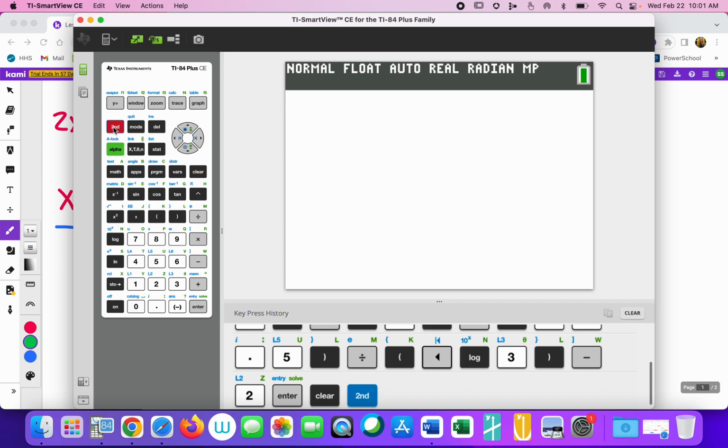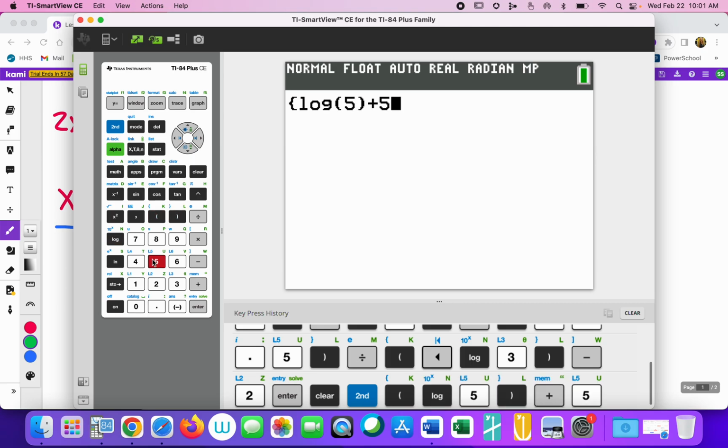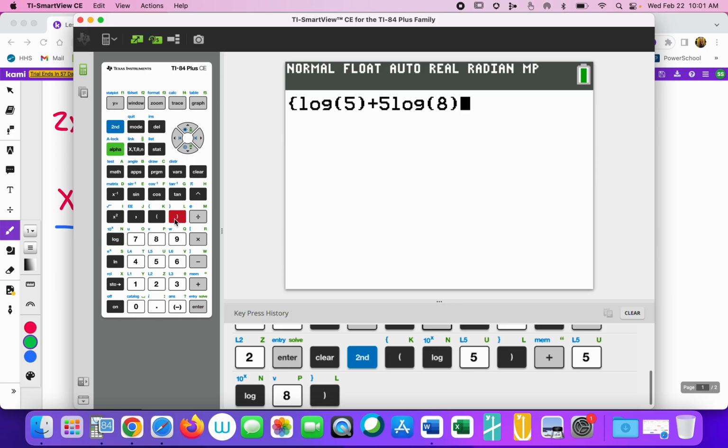So if you do second, open parentheses, now we're going to type in the whole numerator. So that's going to be log 5 plus 5 log 8. Log 5, close off the parentheses after the 5, plus 5 log 8. Close the parentheses and close the bracket. So that's the whole numerator. Okay. So take the time to type this in so you can get your answer right.